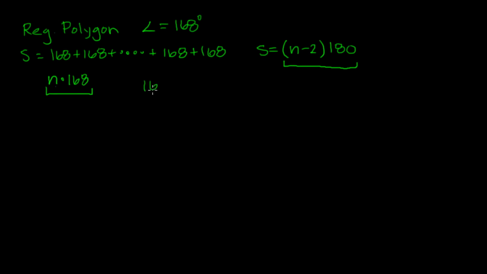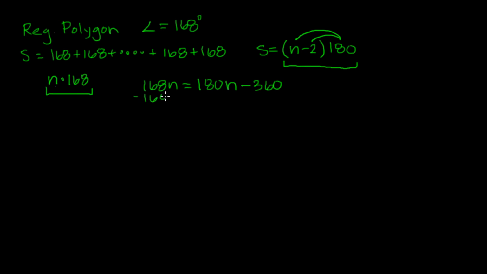So 168n must equal 180n minus 360, which means we can now solve it and figure out what n is.